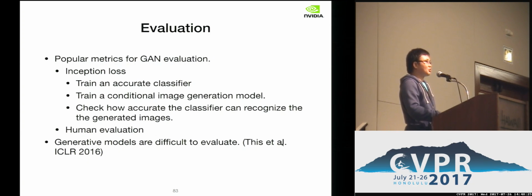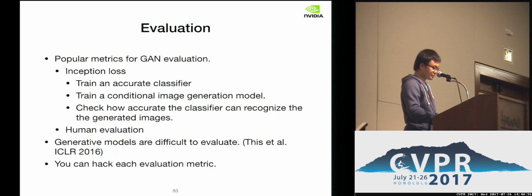For example, for human evaluation, if your generator just remembers a few true images from the training data set, it can generate these few images. It doesn't generalize. But when you show these images to a human viewer, they will think they're very realistic. But it does not say that your generator really learned the data distribution.